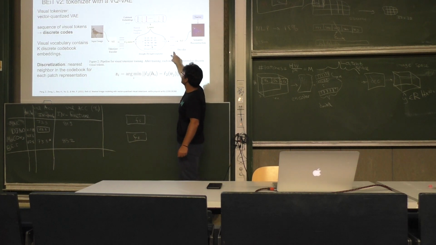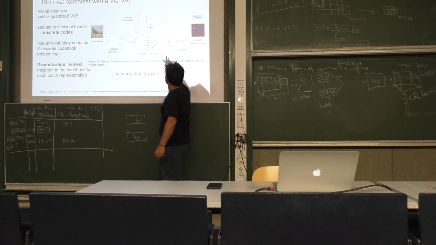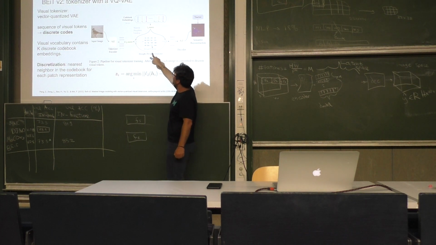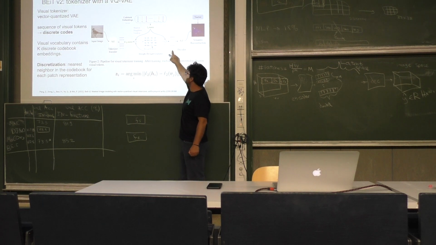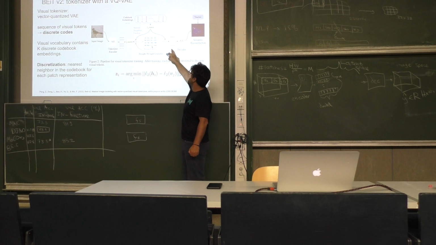So that's why you see different colors here. This is the untouched output of the encoder, and the arrows here correspond. Each one of those token representations will be mapped to one of those trainable vectors and will be used in the decoder.